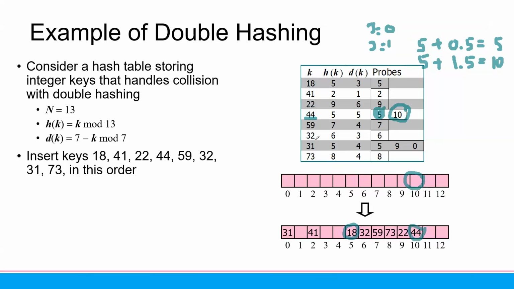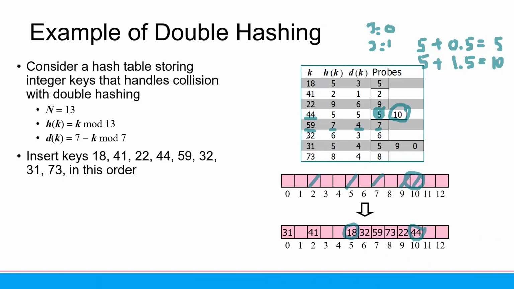Okay, what about 59? For 59, h(k) is 7 and d(k) is 4. What about index 7? 5, 2, 9 are already filled, and 10 is filled too, but 7 we don't have, so we put 59 here.